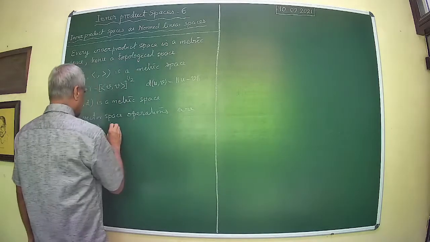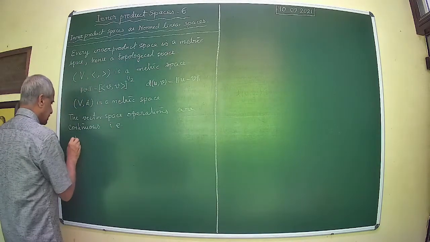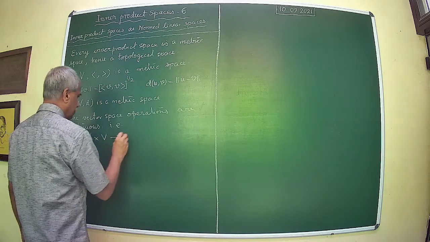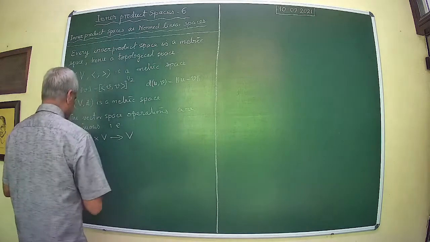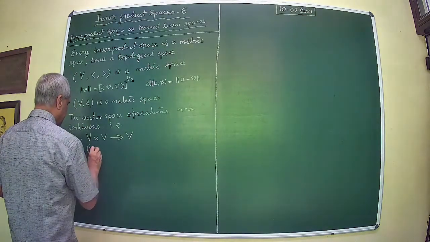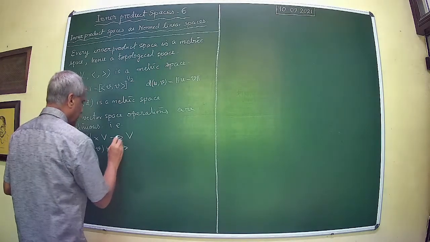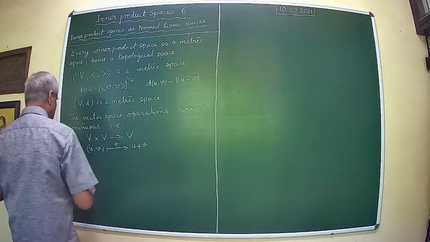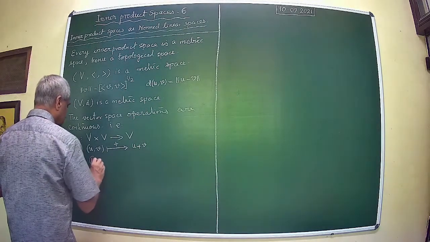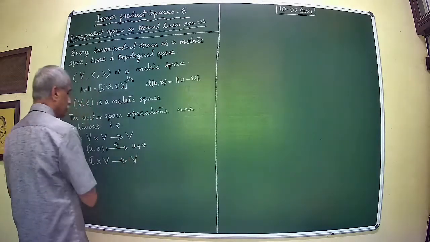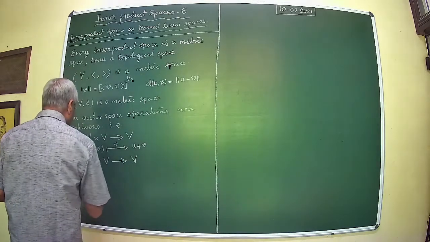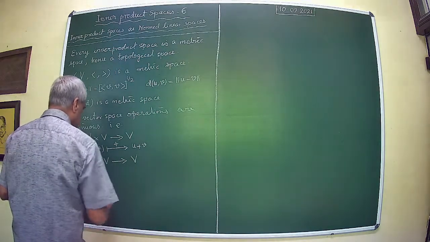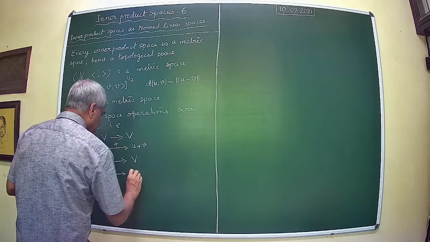That is, if you take plus as a map from V cross V to V, defined by the ordered pair (u, v) mapping to u plus v, and then dot is a map from C cross V to V, defined by the ordered pair (alpha, v) getting mapped to alpha v.